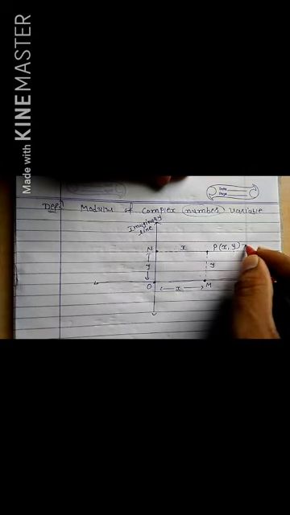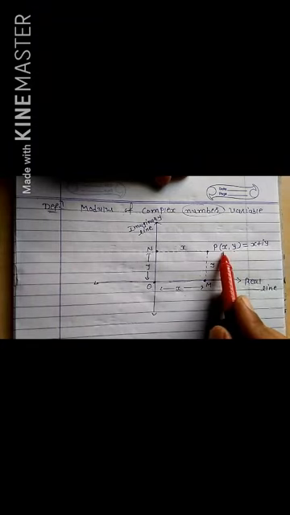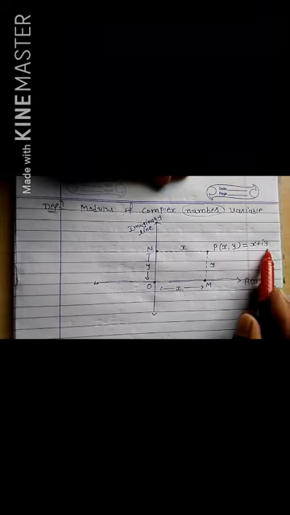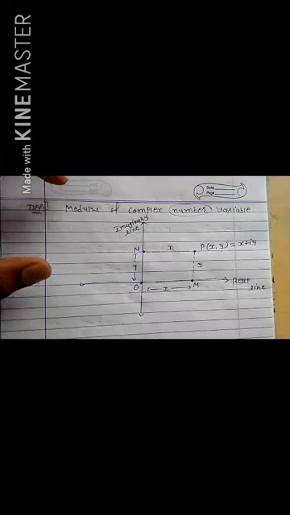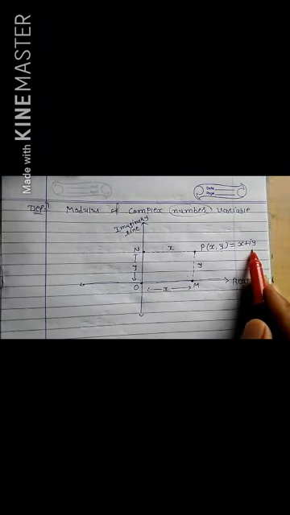Now written in complex form. P of x comma y is written as x plus iy. X is the real line, y is the imaginary line. So P of x comma y is written as x plus iy. Now discuss what is the modulus of the complex variable x plus iy.